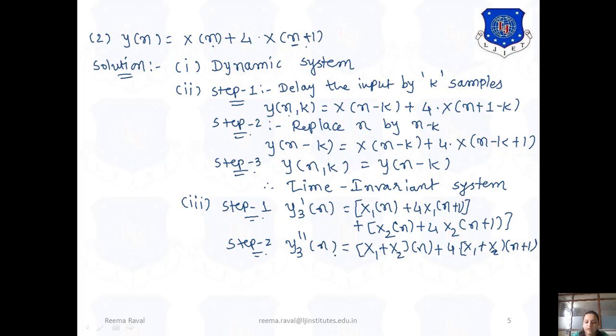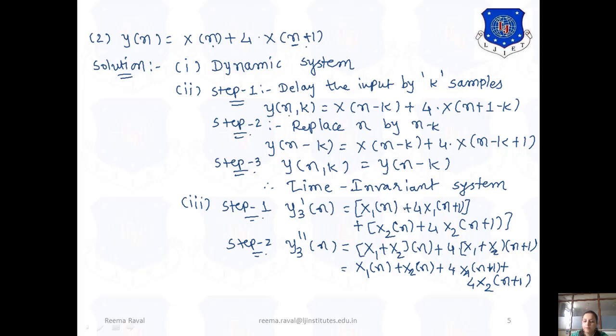When we multiply this, it will give us x1 of n plus x2 of n plus 4x1 of n plus 1 plus 4x2 of n plus 1.